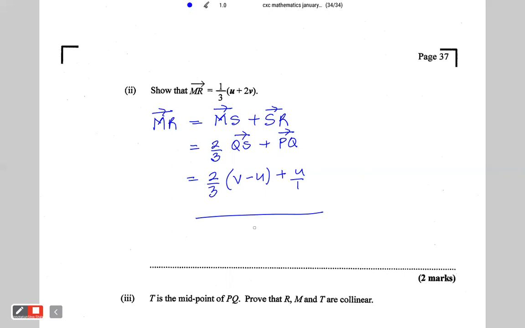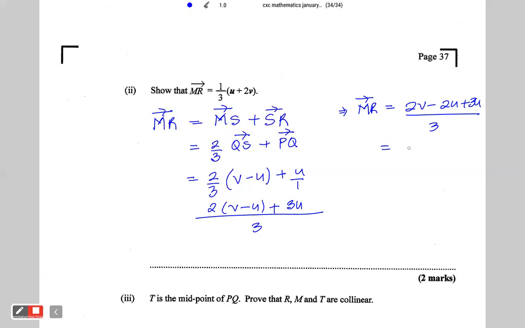The LCM is 3. 3 into 3 is 1, 1 times 2 is 2, into (V minus U), plus 1 into 3 is 3, 3 times U is 3U. So therefore MR would be equal to 2V minus 2U plus 3U, all over 3.